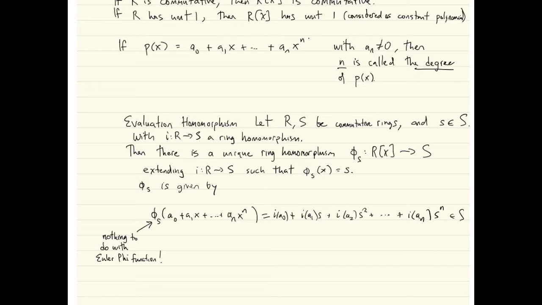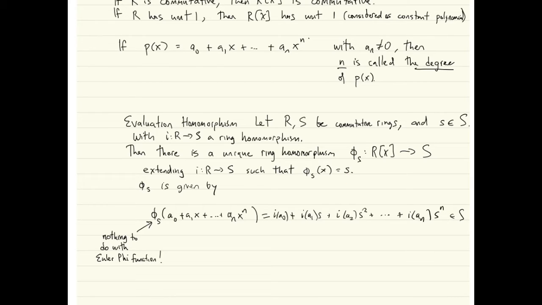And then the simple fact is that there's a unique ring homomorphism phi sub s, where this s is this lowercase s, that goes from this ring of polynomials to this ring S that extends our ring homomorphism i from R to S, and such that phi sub s of X is equal to s.